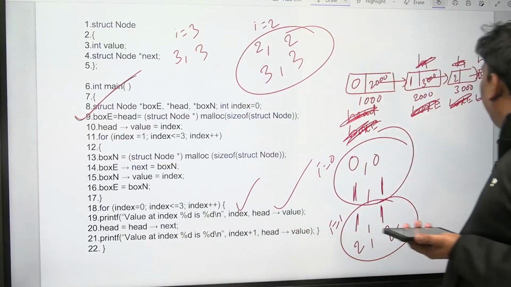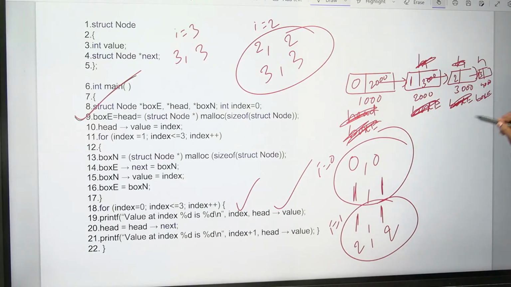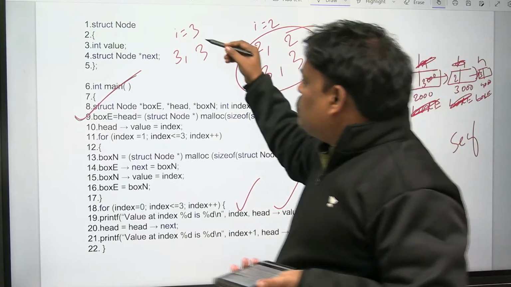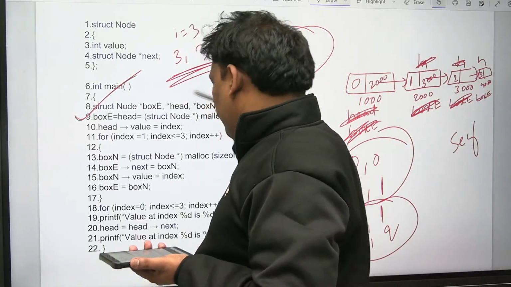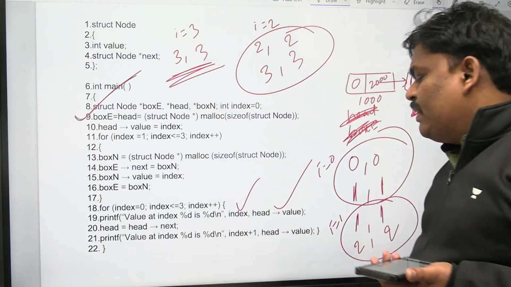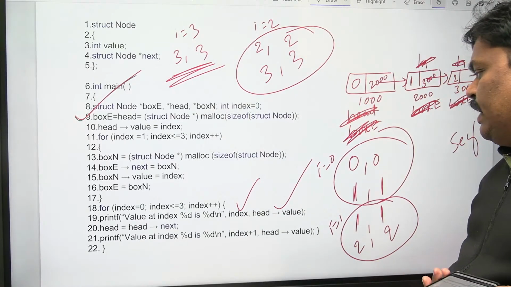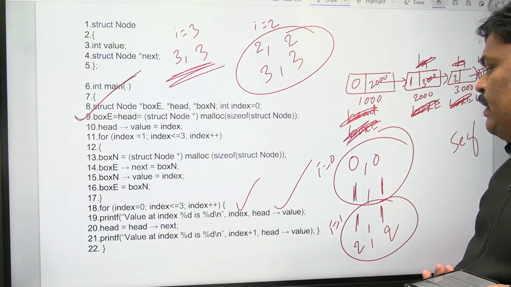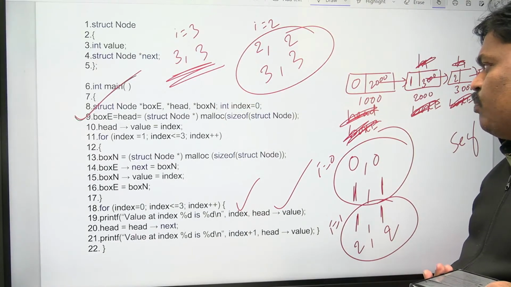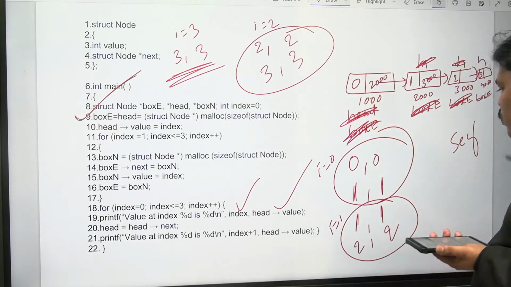I think it will go to segmentation error. I is equal to 3. Here the problem will come. Head is equal to head next. Head next is no one knows. Here the problem will come.